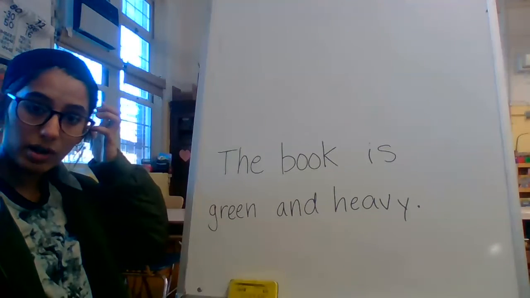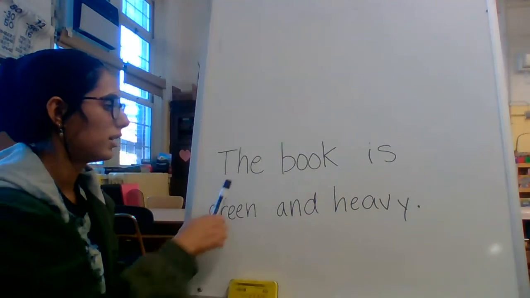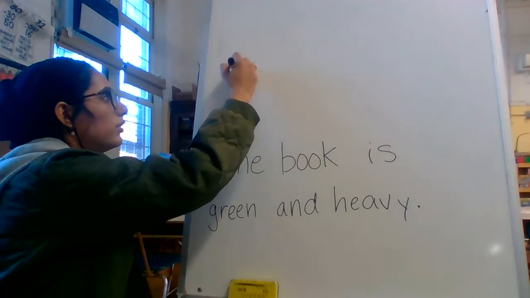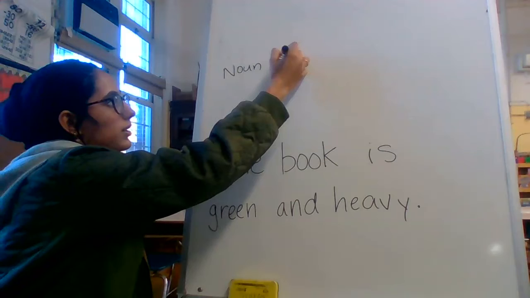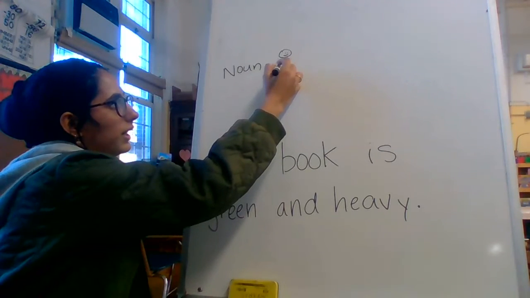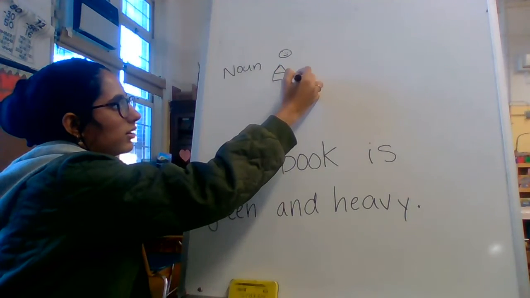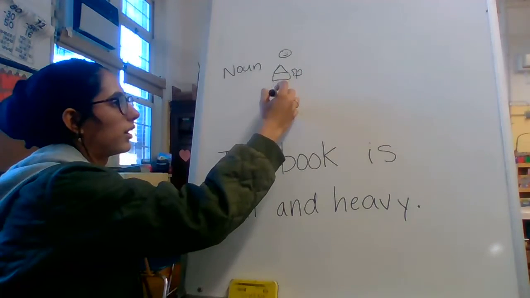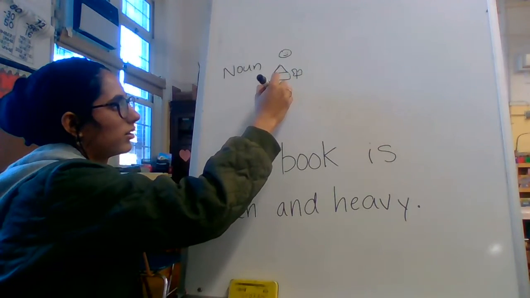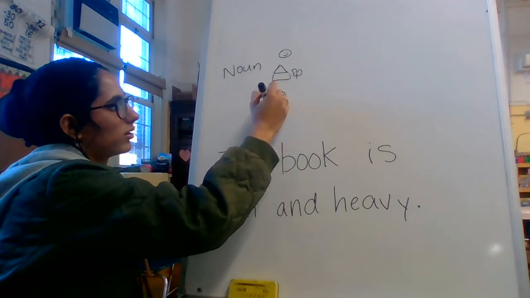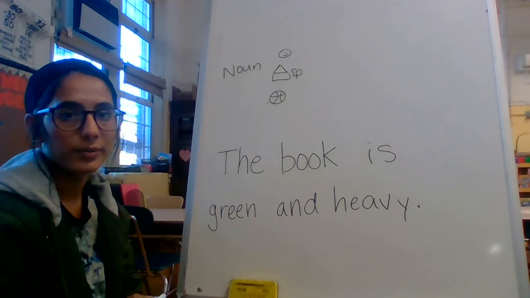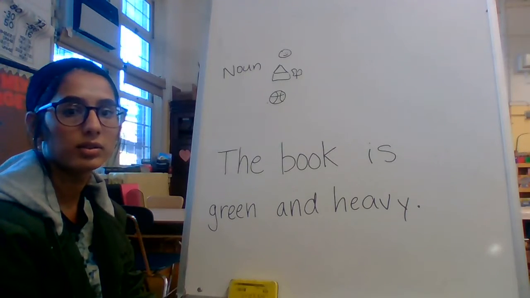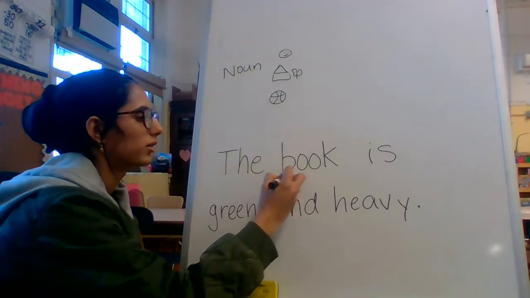Okay, so let's start by finding the noun in this sentence. The book is green and heavy. So remember, a noun is a person, a place, or a thing. Okay, so which of these is a person, a place, or a thing? Yeah, the book.